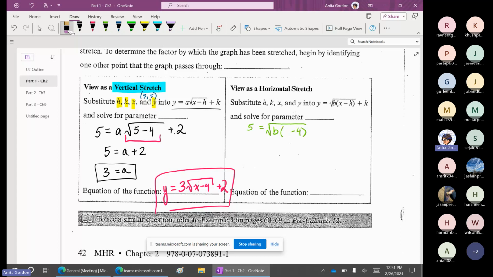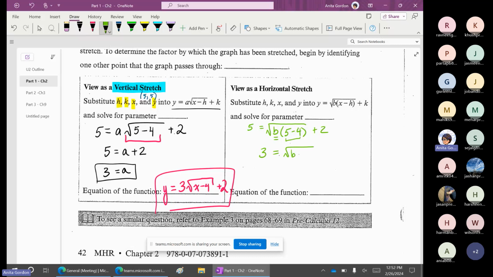I'm going to use the point (5, 5). Plus 2. What's my first step? I want to solve for the b. Work backwards. What am I doing first? Minus the 2. So this is 3 equals square root b.